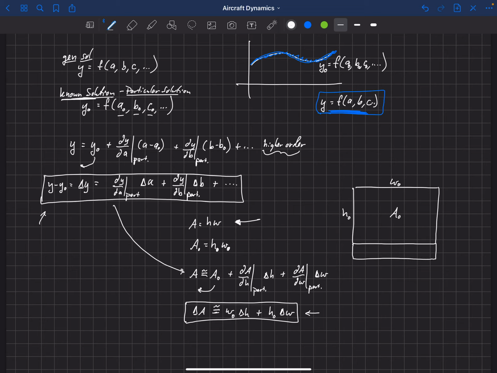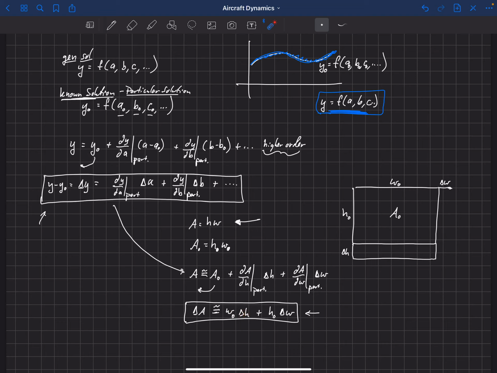What we've said is that the change in area would be W naught times delta H. So this would be a delta H, and over here would be a delta W, if we add that. If you look at this equation, what it's saying is the change in area is going to be W naught times delta H.